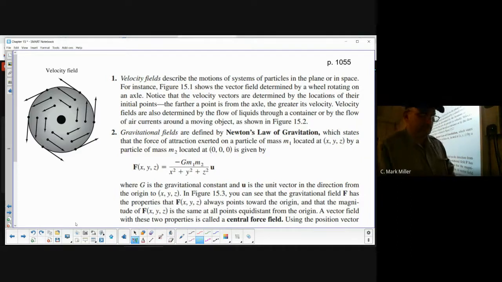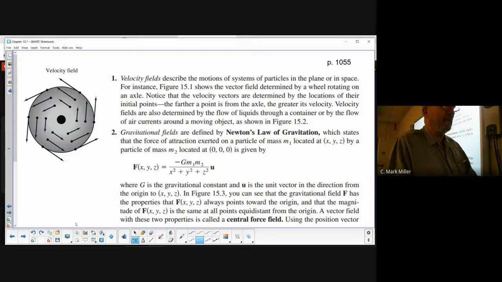Velocity fields. Velocity fields. It's something we haven't studied, but particles rotating about some center of mass. Certainly this applies to planetary motion. There's lots of things that orbit our planet.